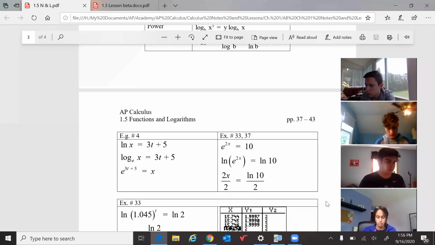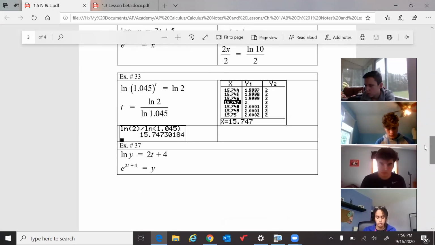So the book sent you to 33 and 37, which is just like the example. It's one of each. So in 33, what happened? The question was an exponential: 1.045 raised to the t equals 2. Well, take the log of both sides.